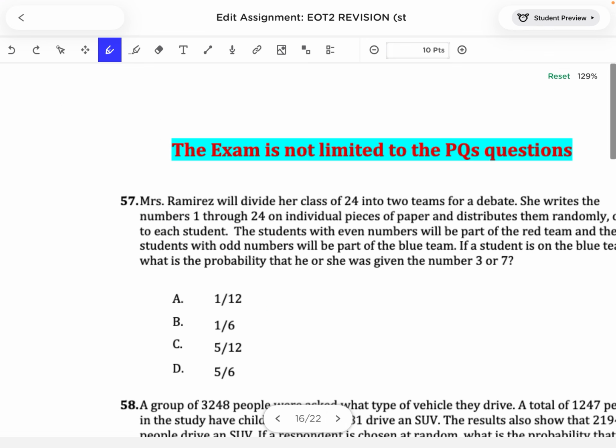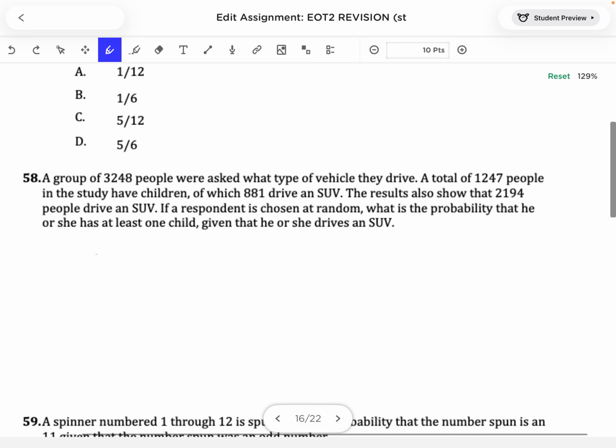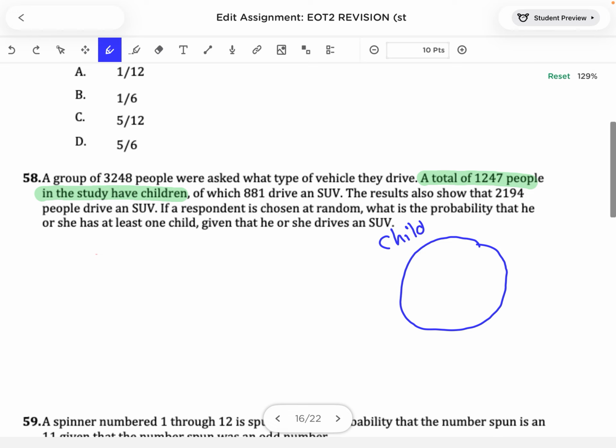Next. Let me solve this one first because it's the same idea. A group of 3,248 people were asked what vehicle type they drive. A total of 1,200 in the study have children. So the first circle is the people who have a child. How many are they? 1,247.